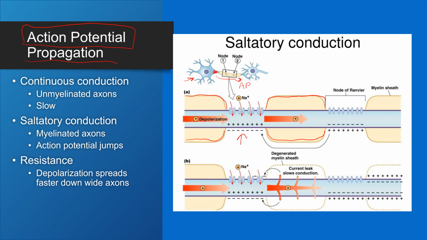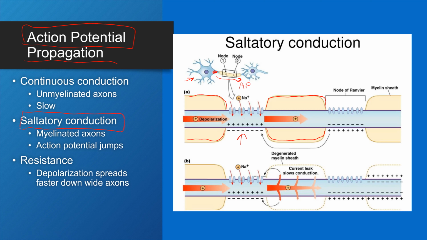We already talked about it, node of Ranvier. So if we have these nerve impulses pretty much going from one nerve to another nerve, they call it jumping of action potential. Then this is called saltatory conduction.